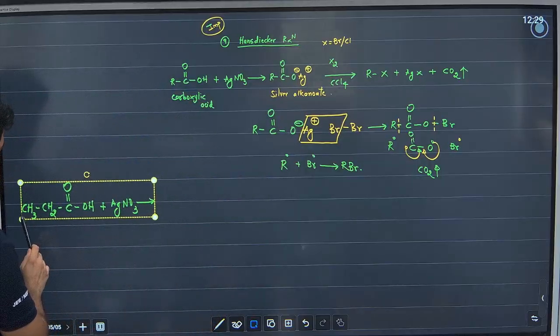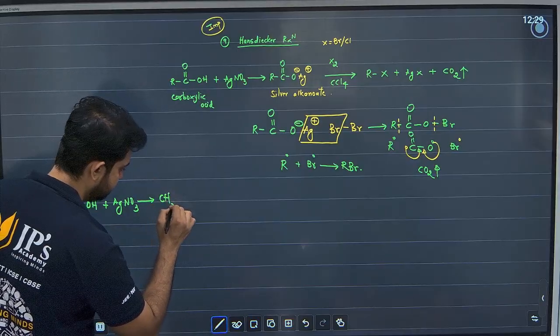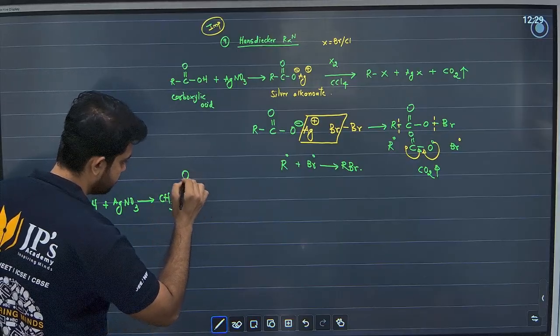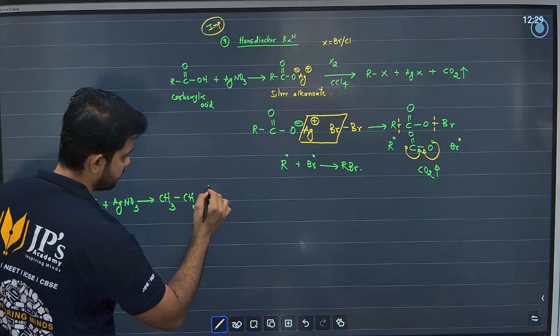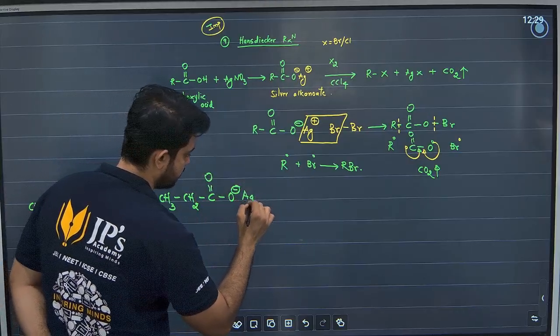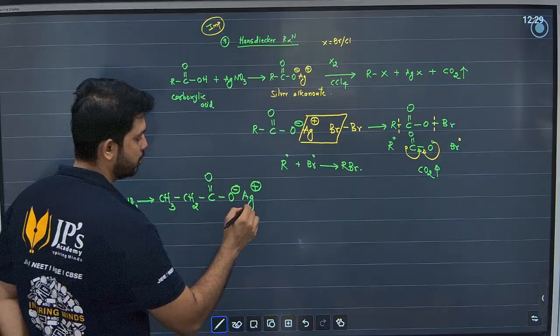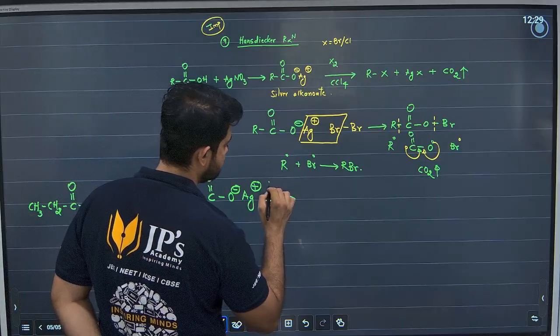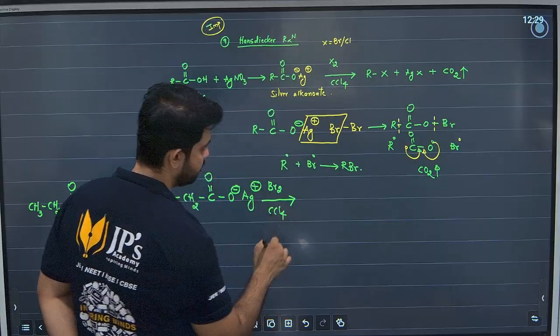Silver propanoate. जब आप copy करो तो आप लिख लेना. And then let's say if we have Br2, non-polar solvent CCl4, what do we get?